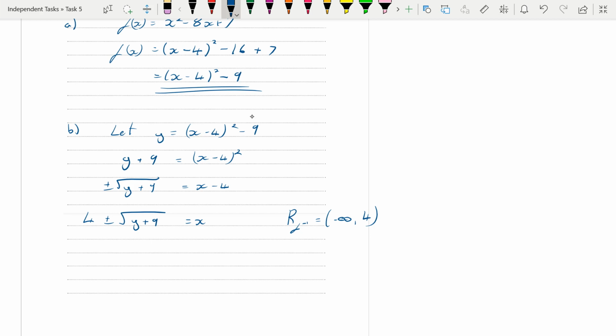Because if I did a positive, I'm going to keep adding numbers, and I actually want to make it smaller than 4. So if 4 is my starting point, I want to take away numbers to make it smaller. Therefore, f to the minus 1 of x is simply going to be 4 minus the root of y plus 9. So you need to decide which one you're going to use at the end, depending on what the range is.